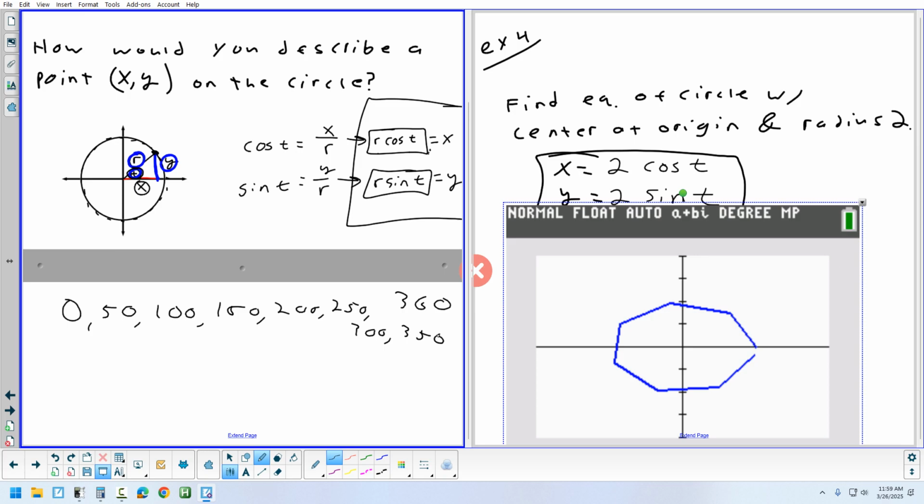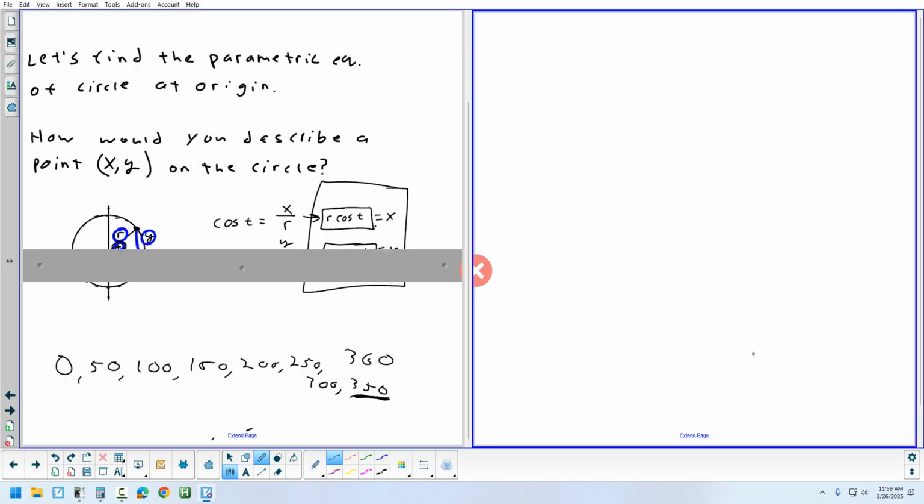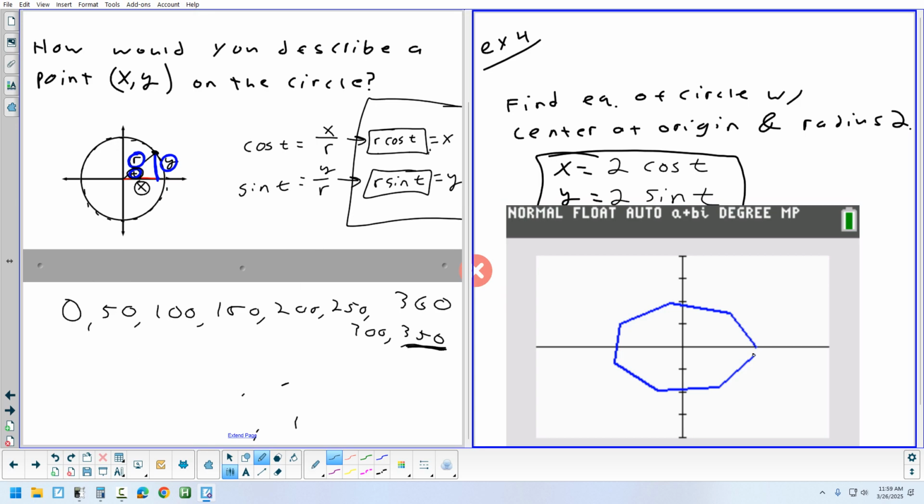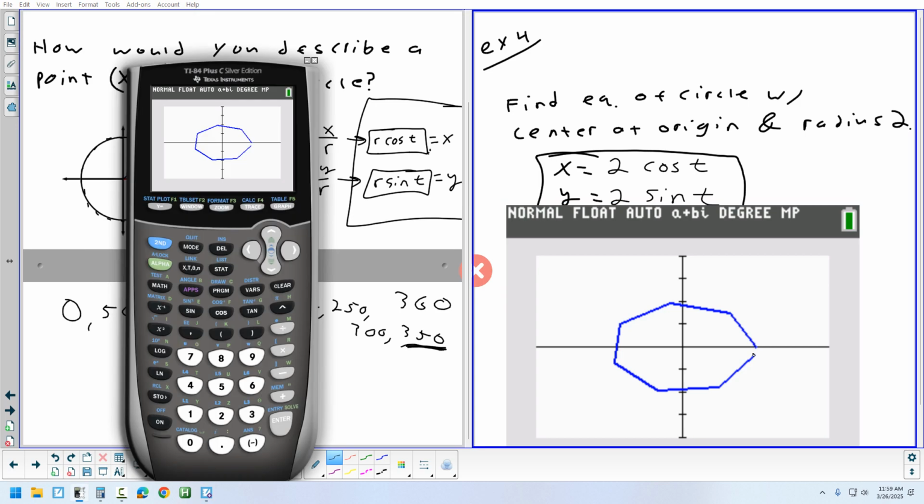What's the next one? 400. You can't go that high. So 350 is the last one you were able to get, which is not the end point. So what you try to do, if you can, is make your t-step a number so that if you count by that number, you will hit 360.